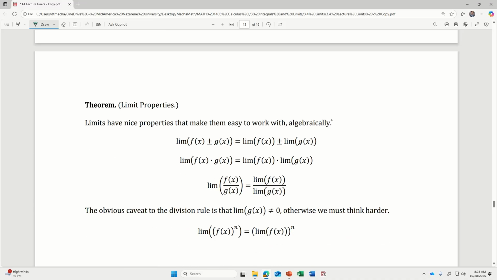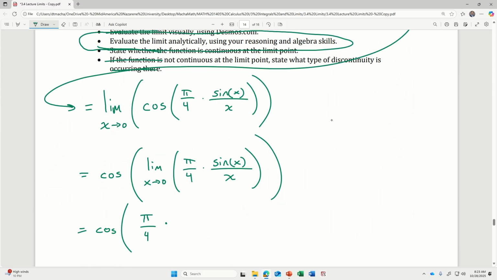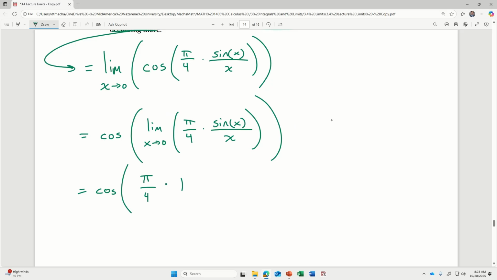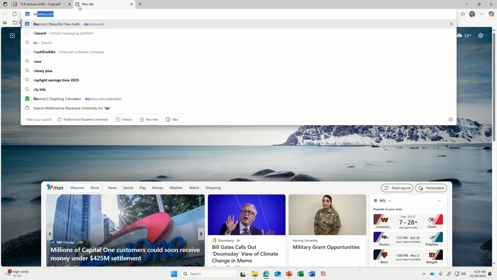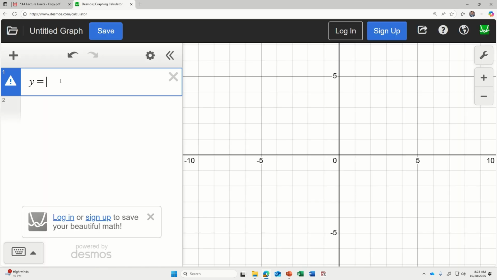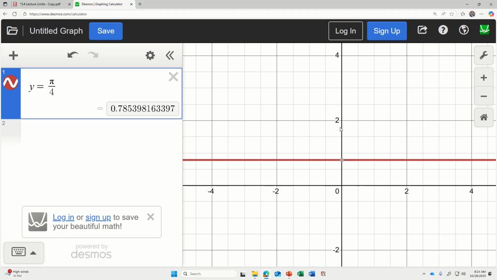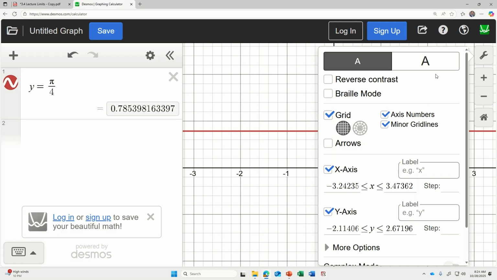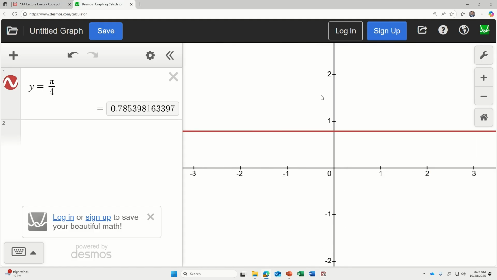Why is the limit of pi over 4 just pi over 4? Well, because pi over 4 is a constant function, right? Let me graph it for you and you'll understand. If I say y equals pi over 4, and I ask you what's the limit of this function as x approaches 0, then from both sides, the limit is pi over 4.